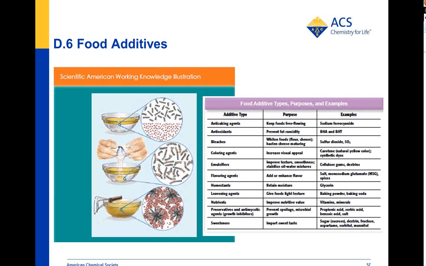and this table is on food additives, and it also on the left has one of these wonderful Scientific American illustrations where in the top bowl we've got a layer of water and with oil floating on top.